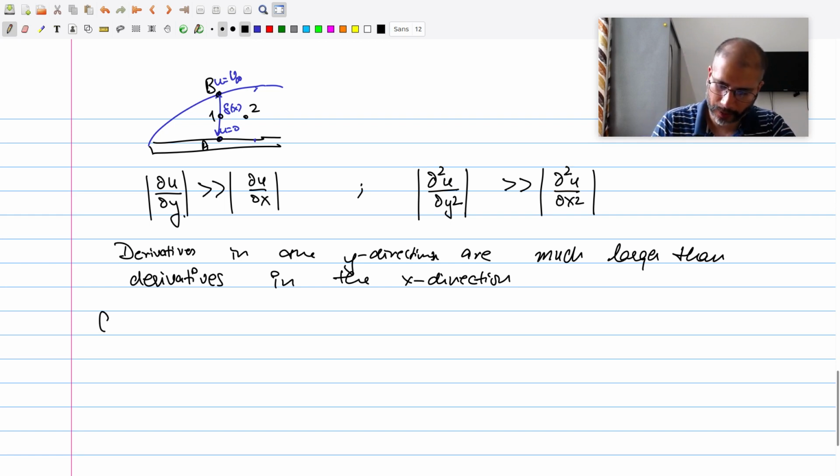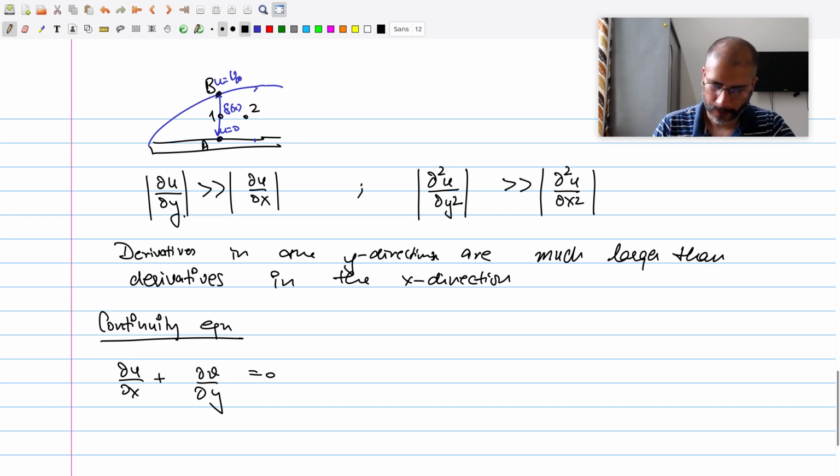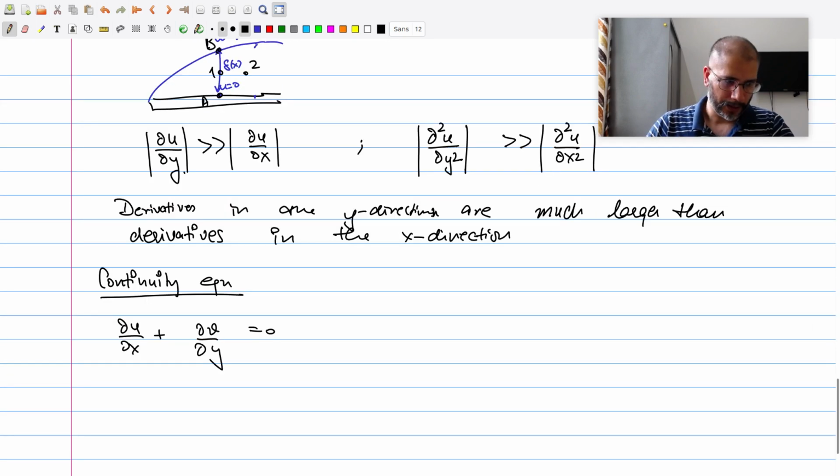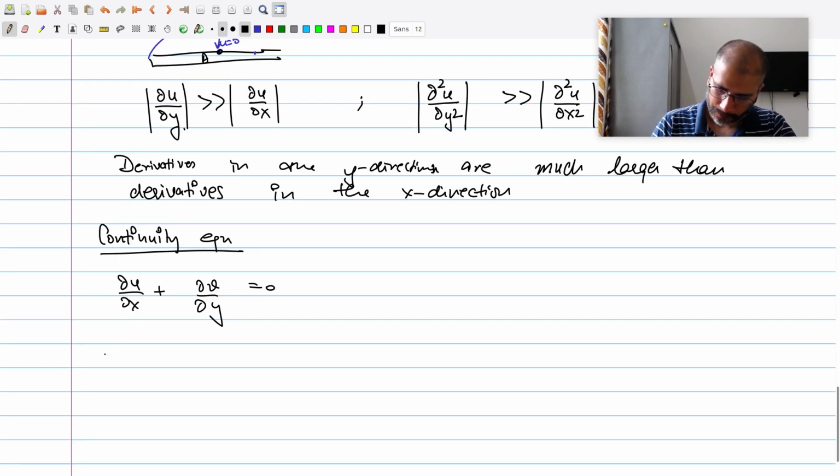So let's start with the continuity equation: del u by del x plus del v by del y is 0. Right, so what is the order of u? The order of u is u infinity.